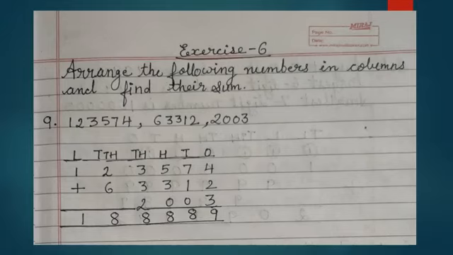Here I have written 123574 plus 63312 plus 2003. So children, first we have to start adding the ones place, then tens place, then hundreds, then thousands, then ten thousands and then lakh. After adding we get the sum, that is 1,88,889.